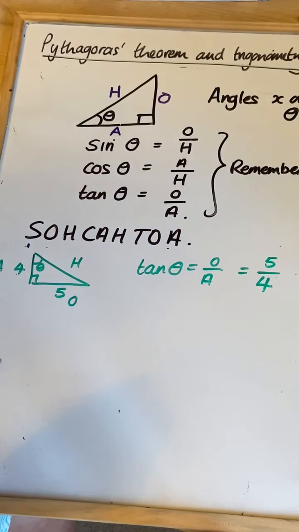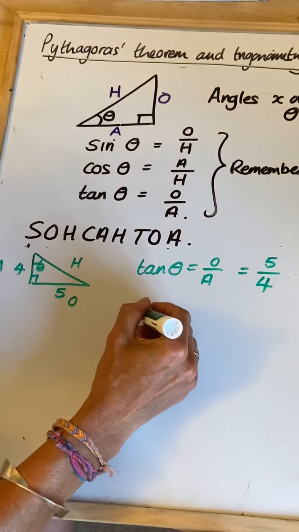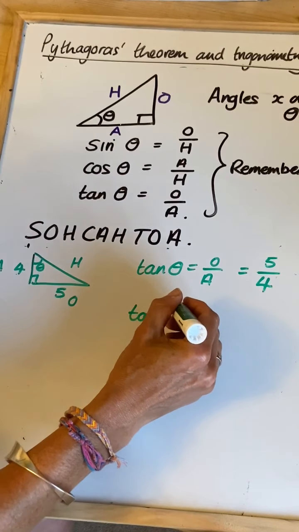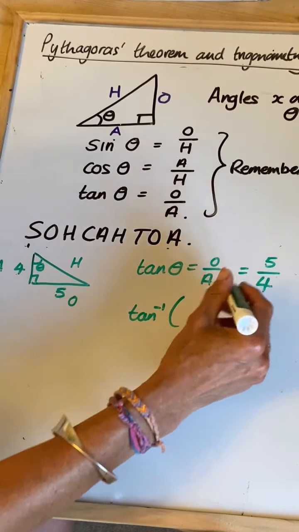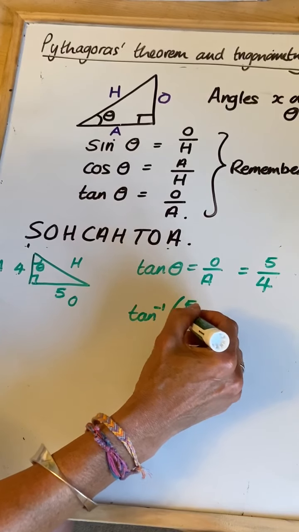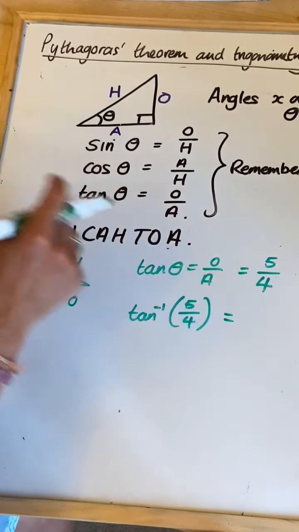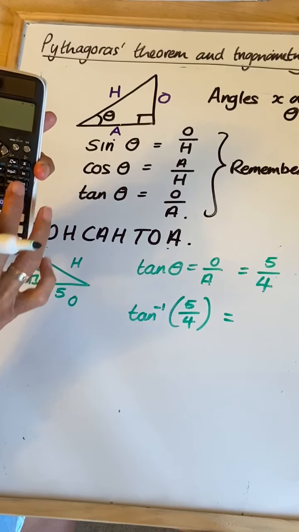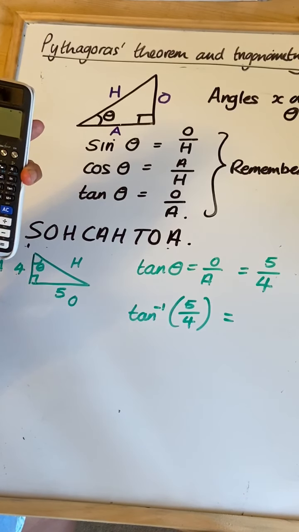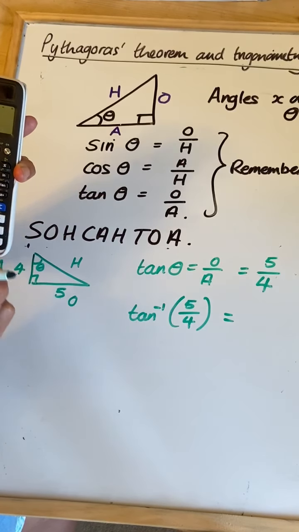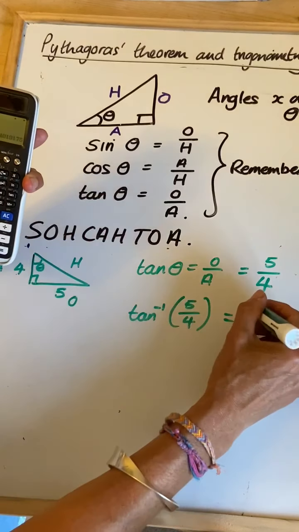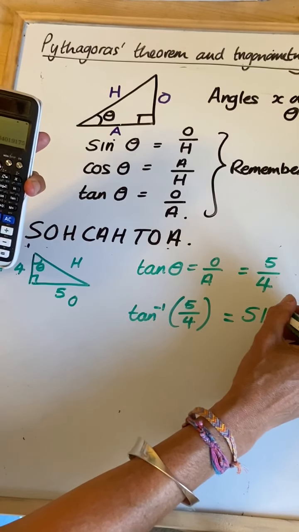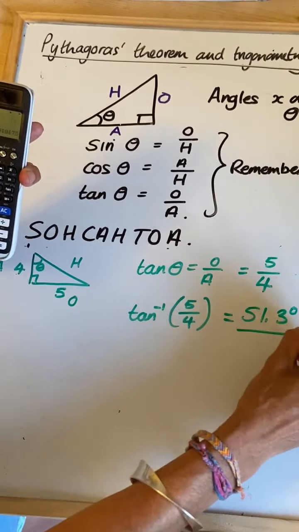Then into my calculator I do the inverse tangent of 5 over 4. So I'm doing shift and tan, that gives me the inverse tan, 5 divided by 4, and that gives me 51.3 degrees to 1 decimal place.